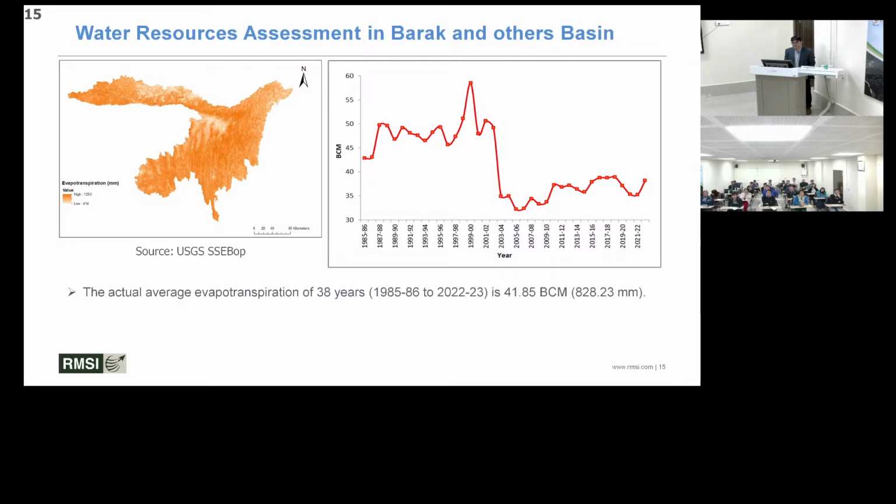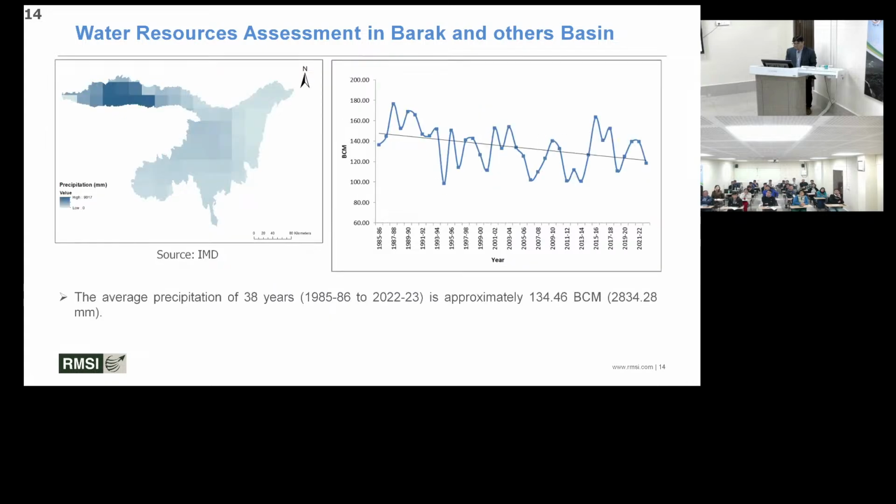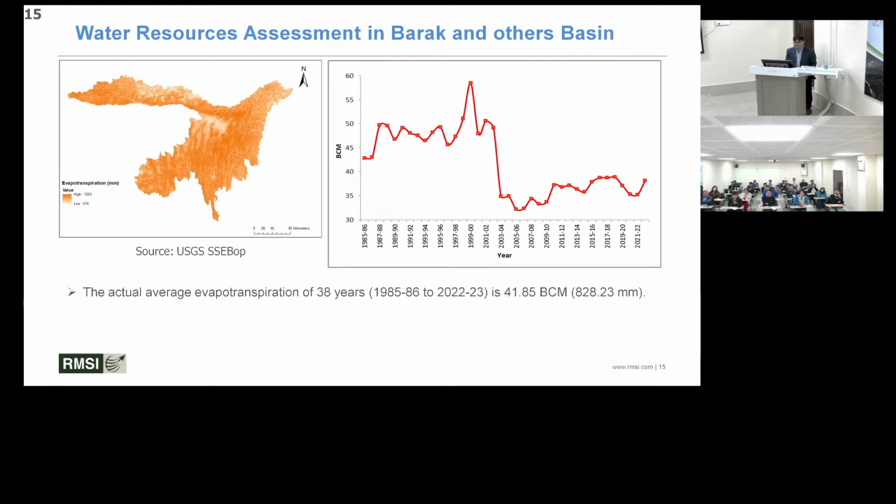This BCM is generated by this amount of annual rainfall, 828 mm. You are talking about rainfall or this one? At 128 mm is the ET, evapotranspiration. You convert this considering the catchment area of your basin.